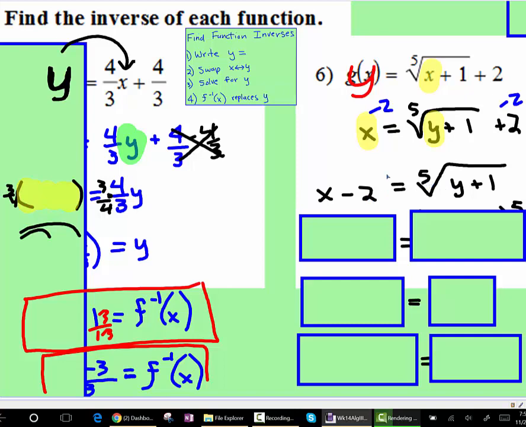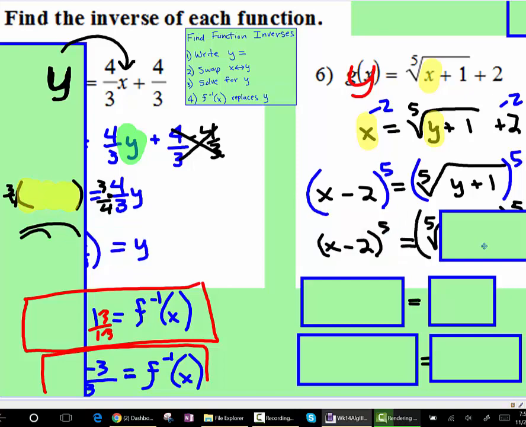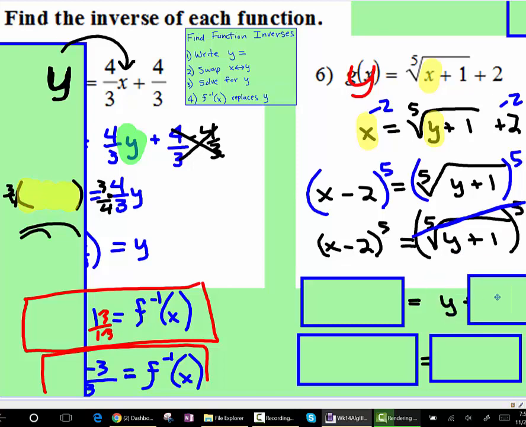What's the undoing of something to the 5th root? Putting something to the 5th power. When you do it to the right, you have to do it to the left. I think I already had that. Yep. And then look what happens. When you have something to the 5th root and you take it to the 5th power, those things cancel, leaving y plus 1.